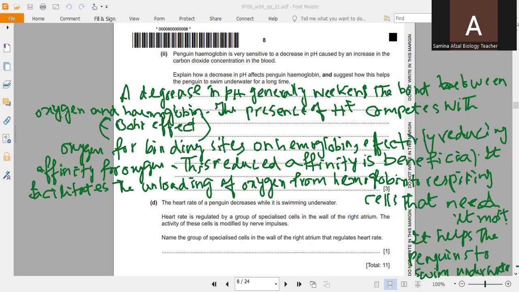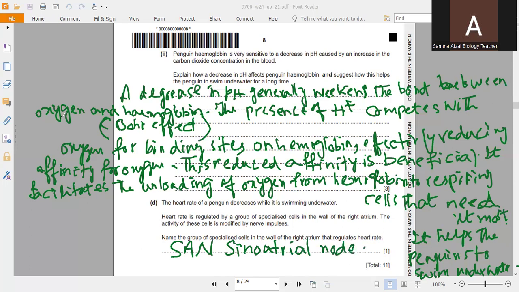So you must know that it is SAN. It stands for sinoatrial node.